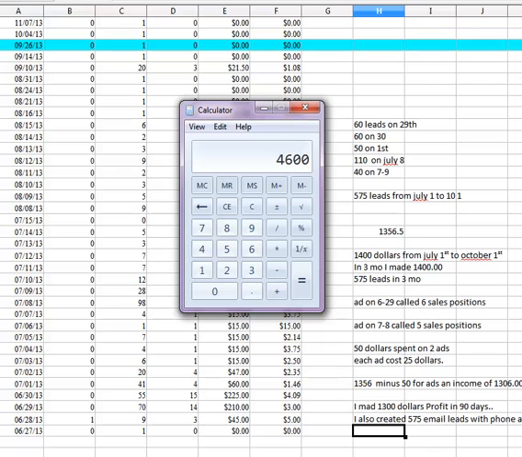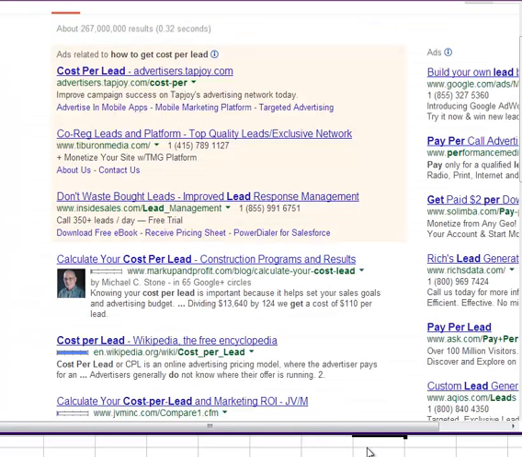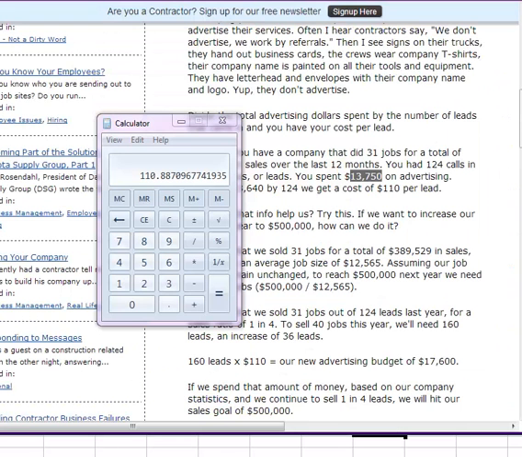Hang on, I don't know how to do the math. Okay, so I just Googled how to get cost per lead. They say divide the big number, which is the money, by how many leads you got. I'm not sure how that works. Okay, so he's right. You take the money and you divide it by the leads.